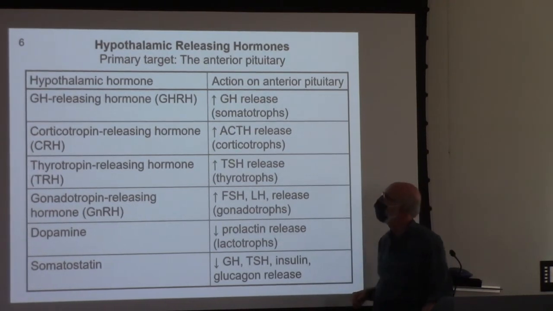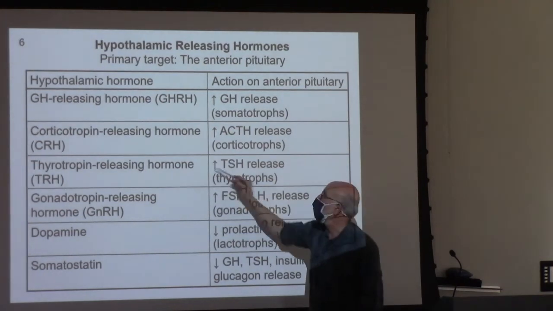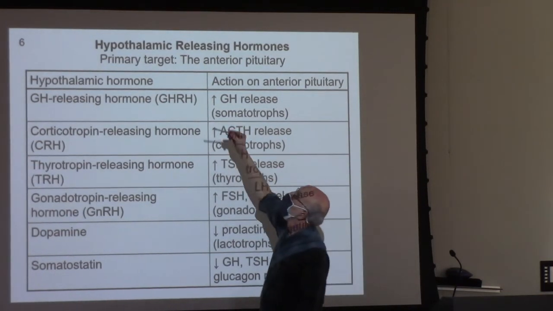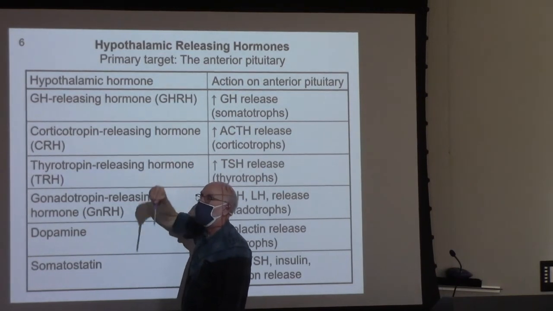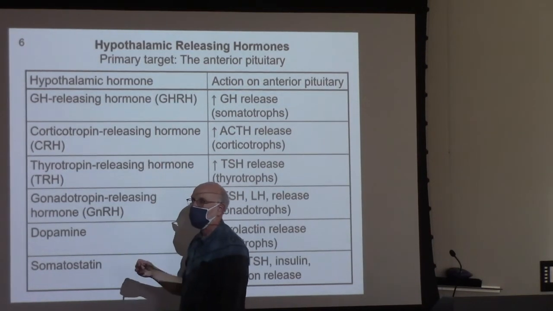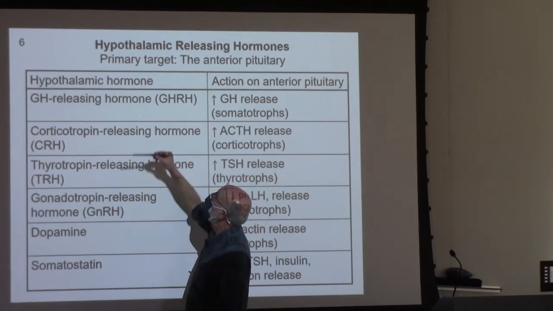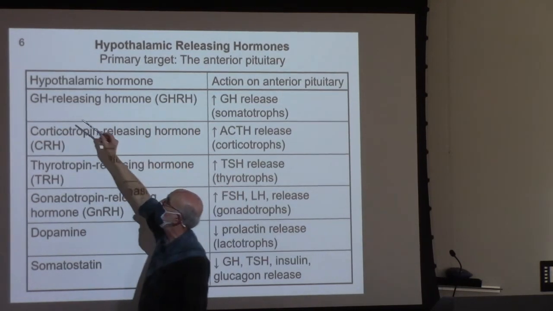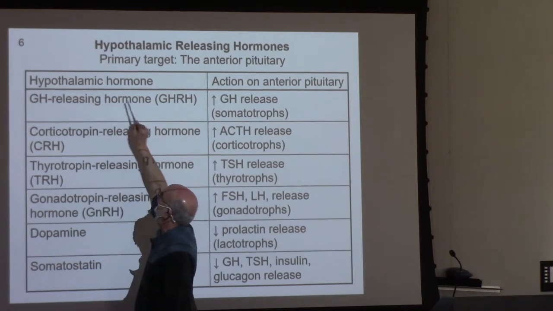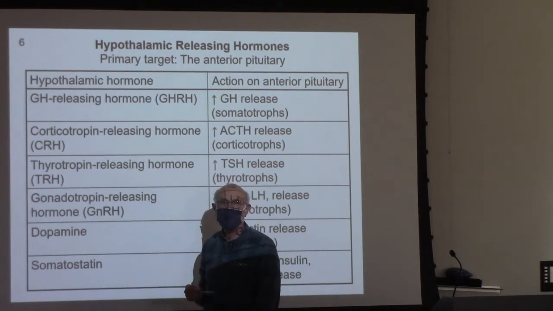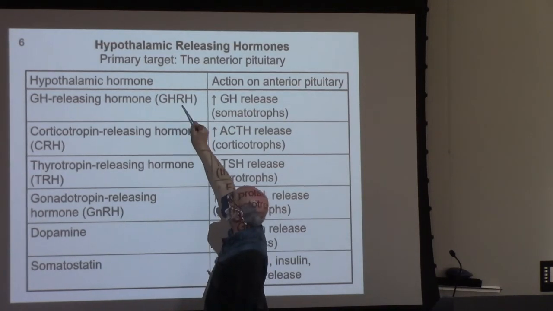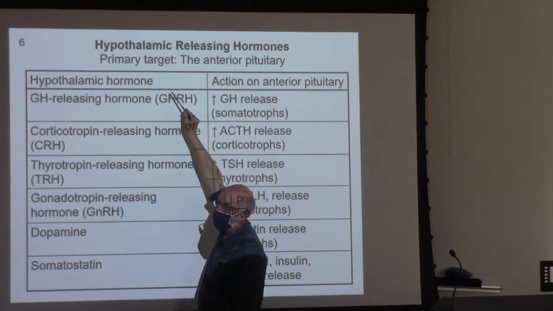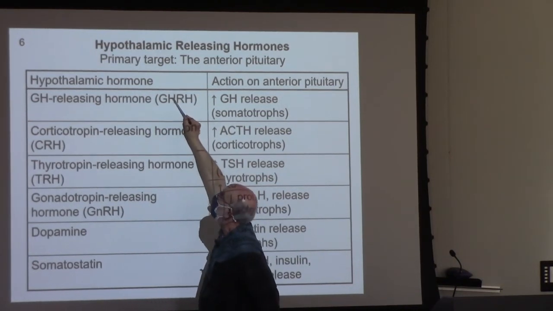Okay, so there's that story that we've already told. Other hypothalamic neurosecretory cells release a hormone called growth hormone releasing hormone. The name is somewhat descriptive. You can see where we're going to go. GHRH is released by these neurosecretory cells into the median eminence.